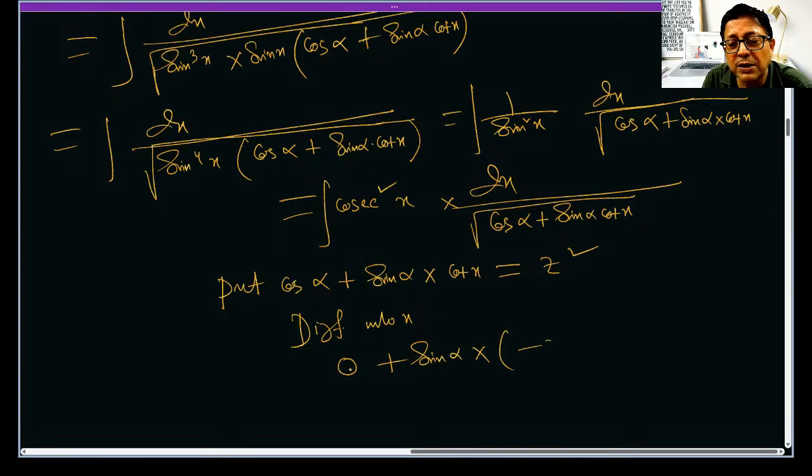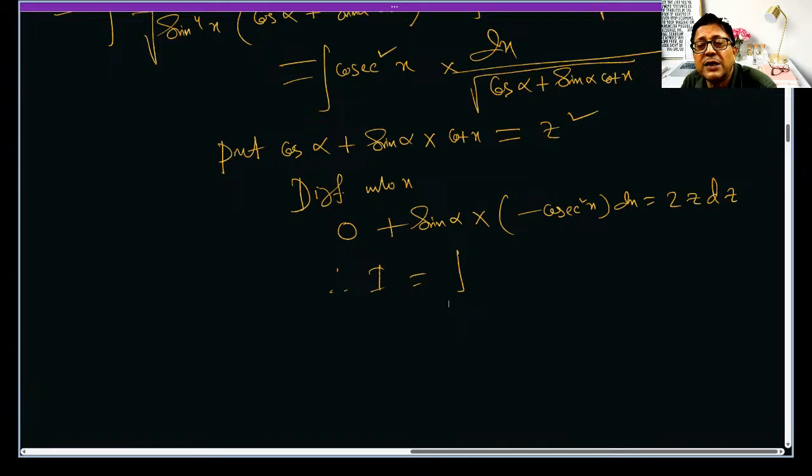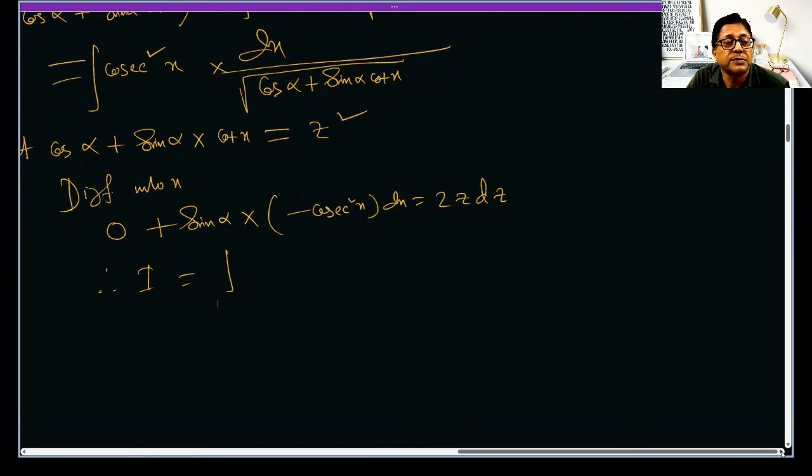Cot x derivative is what? Minus cosec square x dx equals 2z dz. So I equal to, you need only the cosec square x part, isn't it? So the value of cosec square x you have to find after substitution.